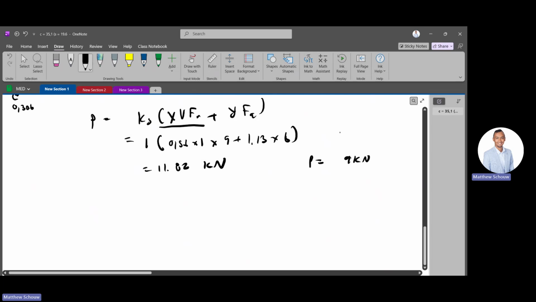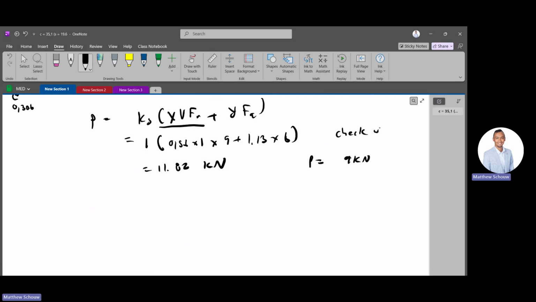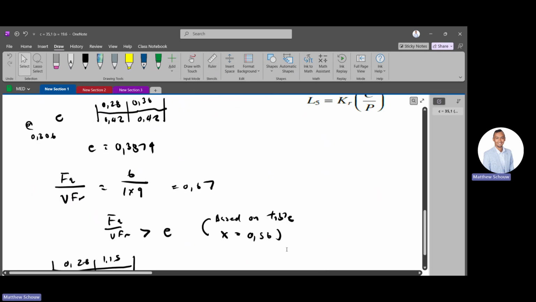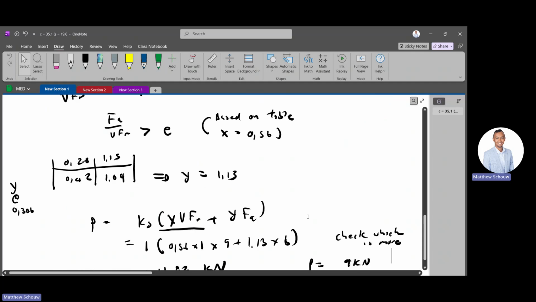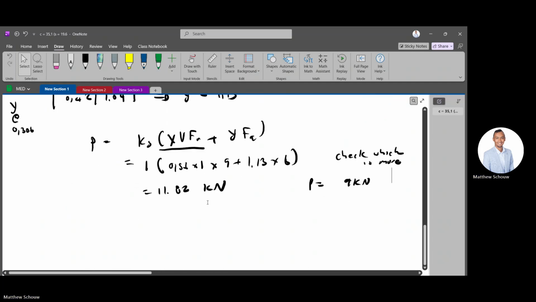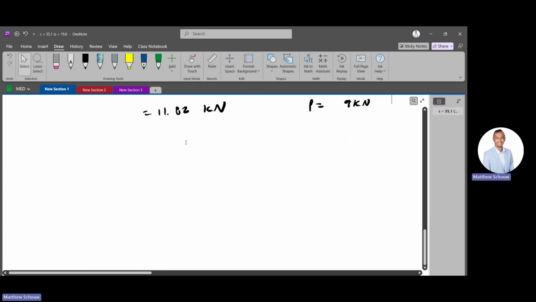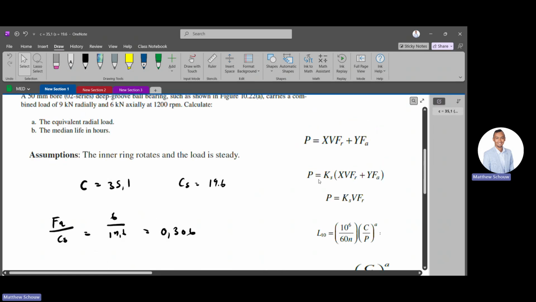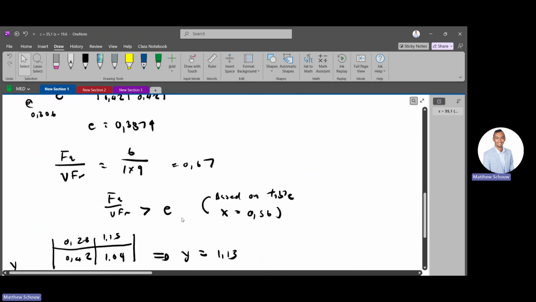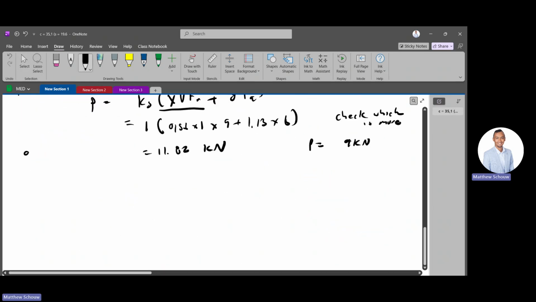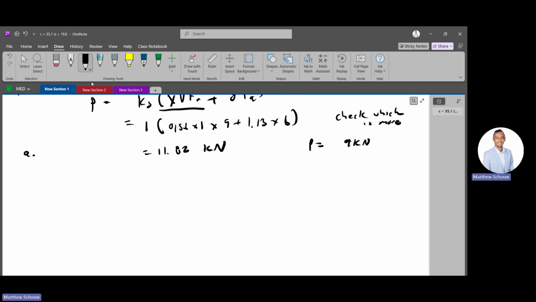So you want to actually check which is more. Based on that formula, I'm making you aware of that, but typically this should be more. Once we have this, we then found A, the equivalent radial load. Perfect.